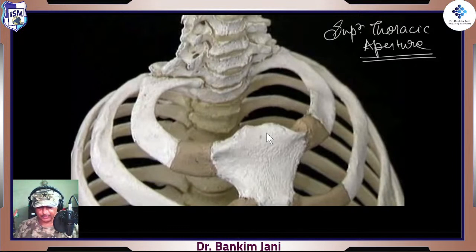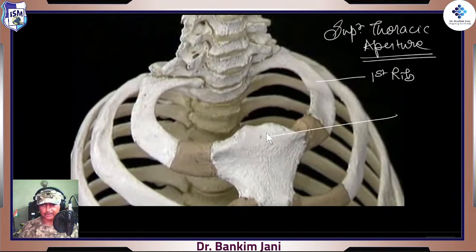This one. This is nothing but superior thoracic aperture, right? Because in our body, nothing is isolated. So today, when we'll be talking about some of the muscles, you'll find that those muscles are the same muscles which we were talking about in upper limb, or there would be a few muscles which will be coming into thorax. Yes, it happens. So over here, this is the first rib, right? This is the first rib, and that is the manubrium.